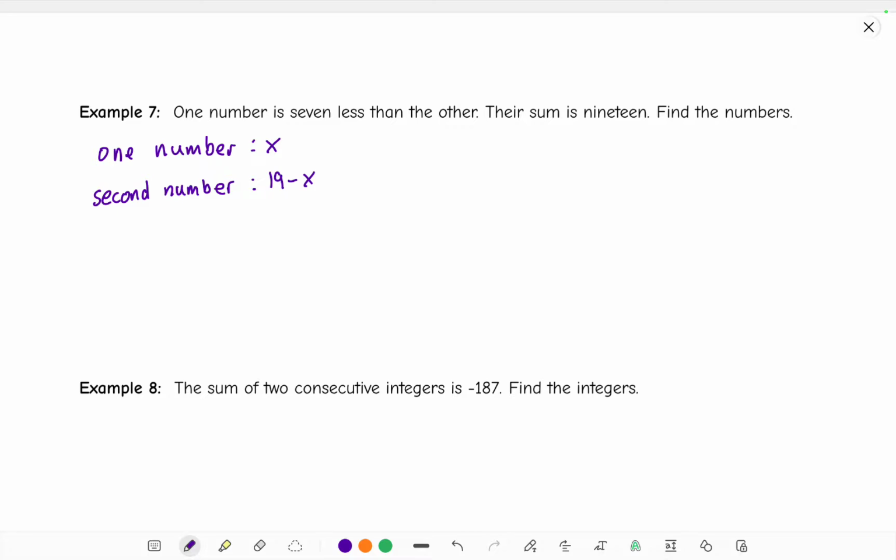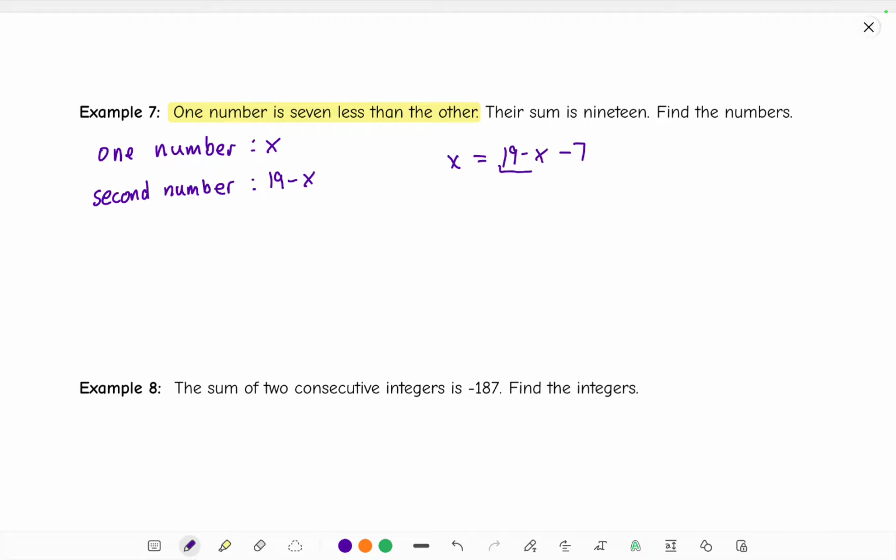So now, after coming up with that, I'm going to use this to come up with my equation. It says one number, so x, is, means equal to, 7 less than the other. Remember, less than means we're going to subtract 7. So this is 19 minus x minus 7.